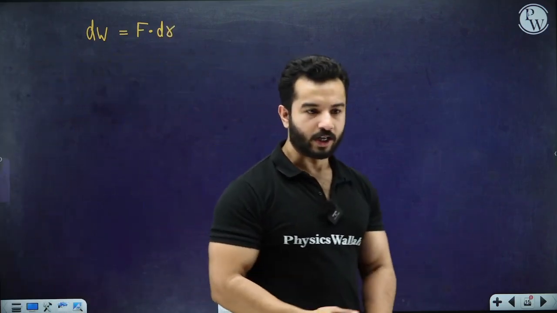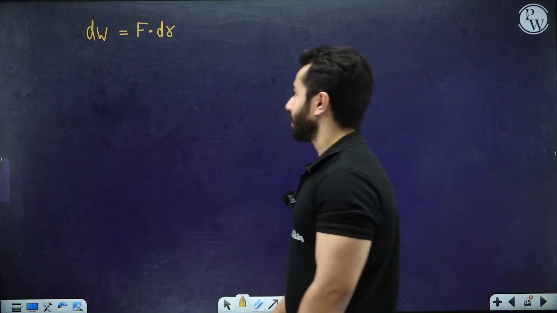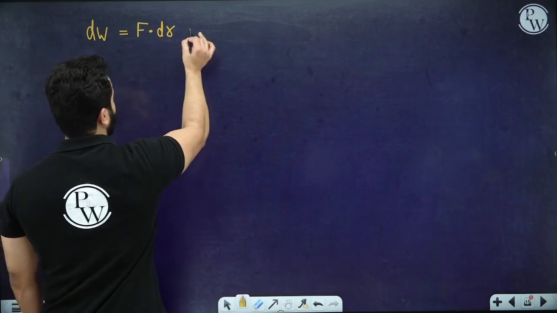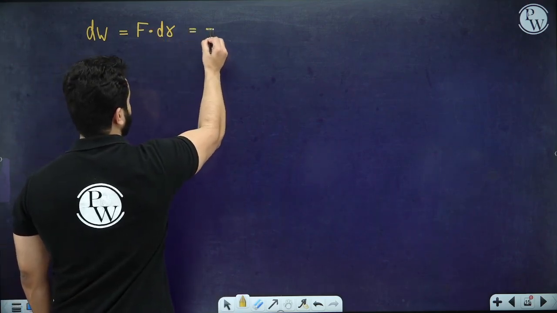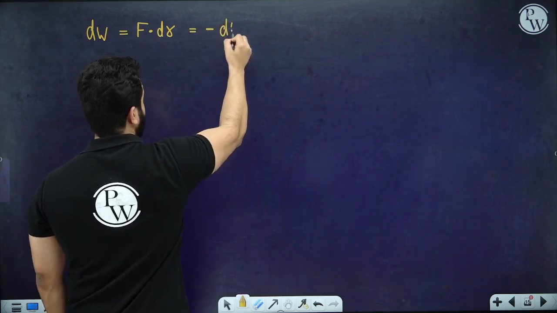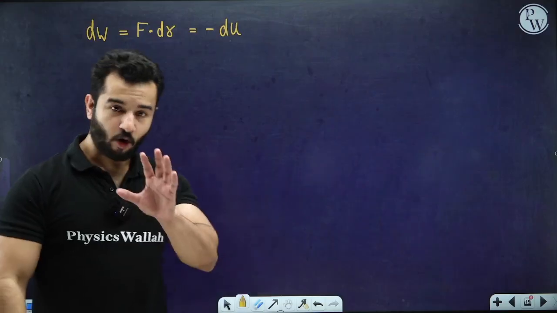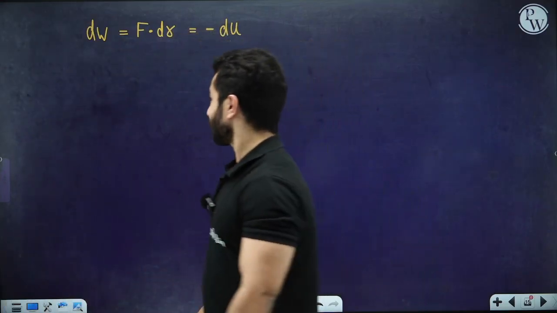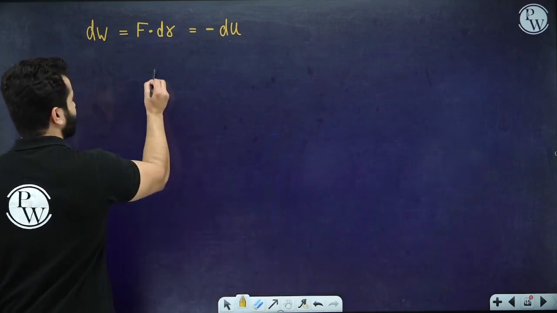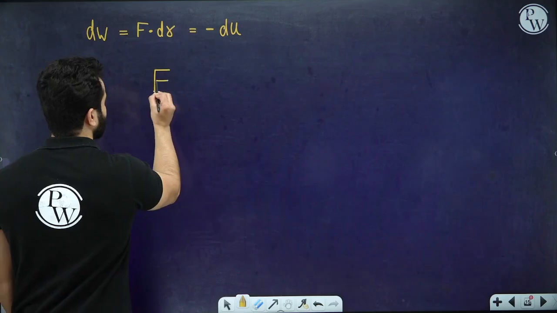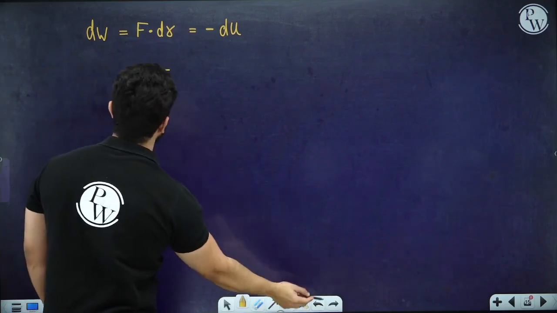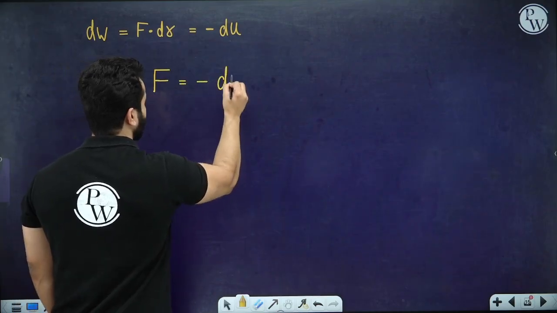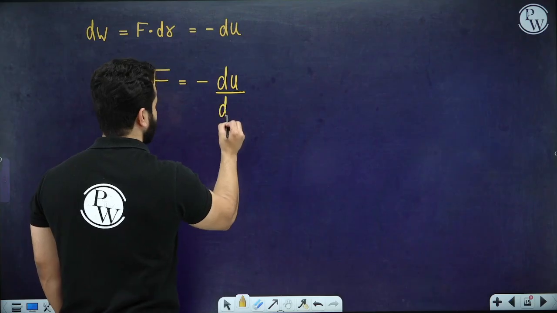F dot dr, and you can use the vector signs also if you want. Now I have said that the work done is equal to negative of the change in potential energy, so I'll write it as dU. All the changes that I'm talking about right now are infinitely small. So this means that force can be written as negative of dU by dr.